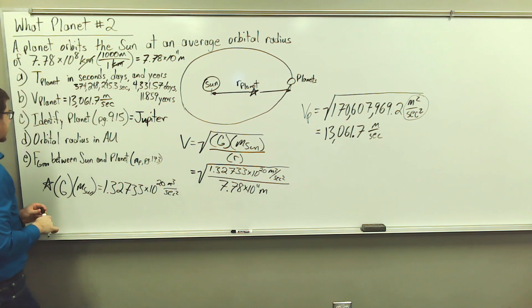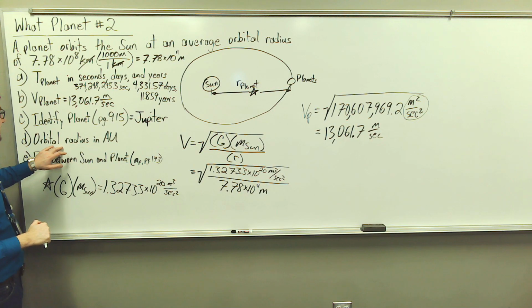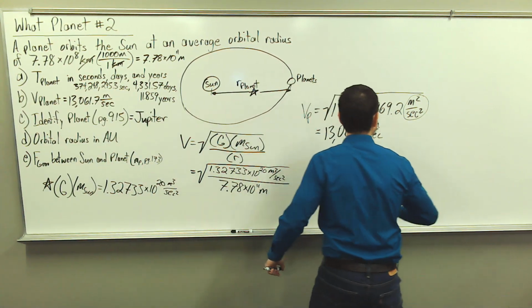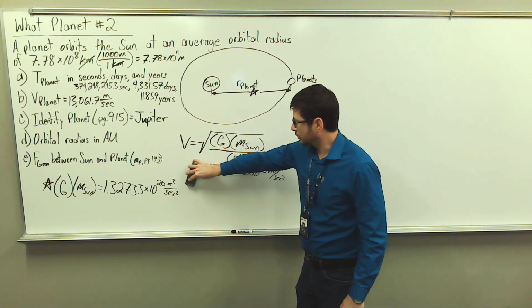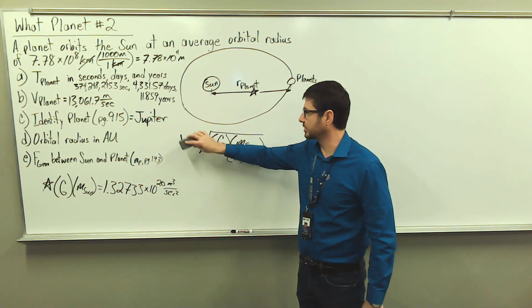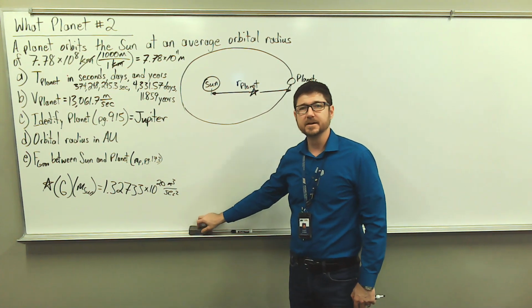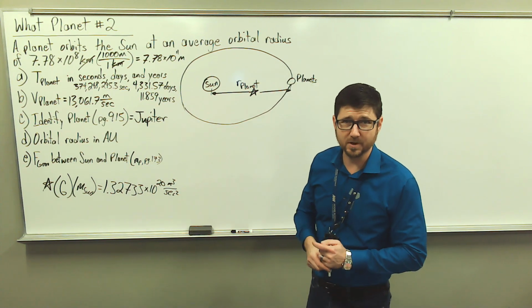All right. So now in part D, it wants us to identify the average orbital radius in units of astronomical units. So remember that 1 astronomical unit represents the average orbital radius of Earth. So the distance between the center of Earth and the center of the Sun is known as 1 astronomical unit.